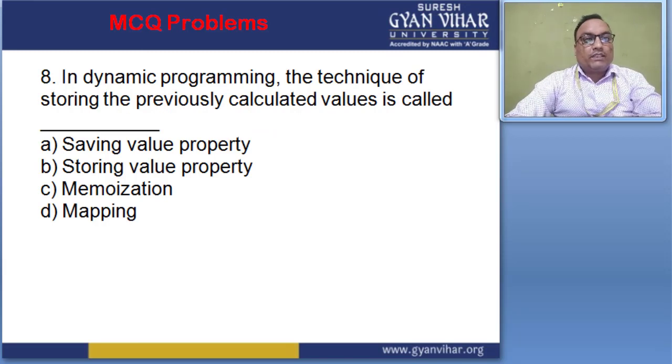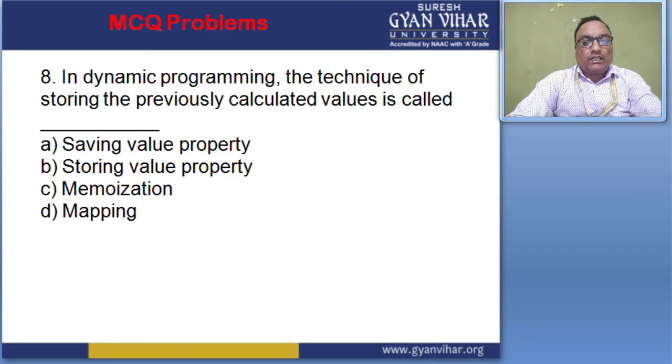In dynamic programming, the technique of storing previously calculated values is called: saving value property, storing value property, memoization, or mapping. So this technique of storing previously calculated values is called memoization, right? So C is the correct answer for this question.